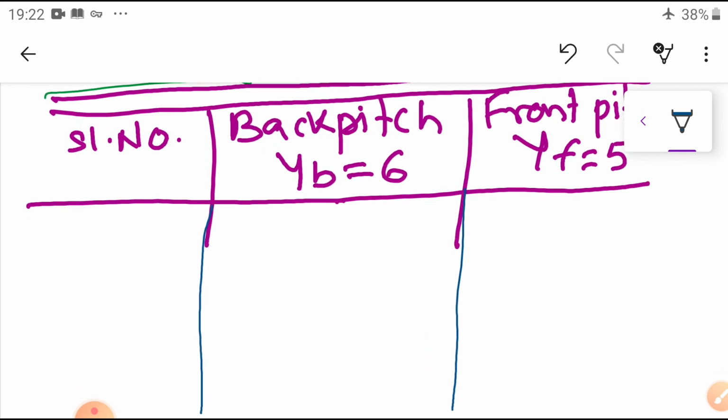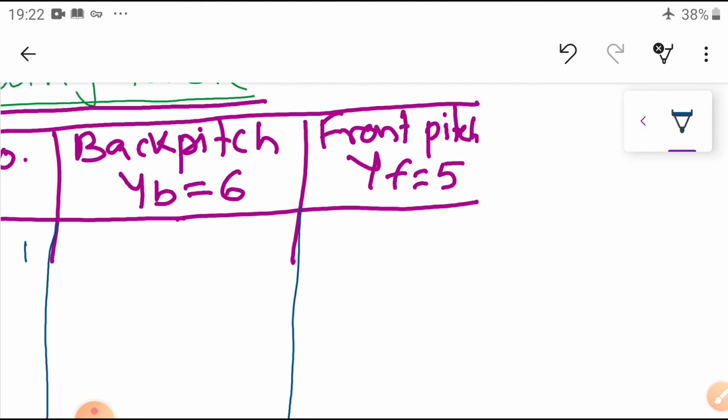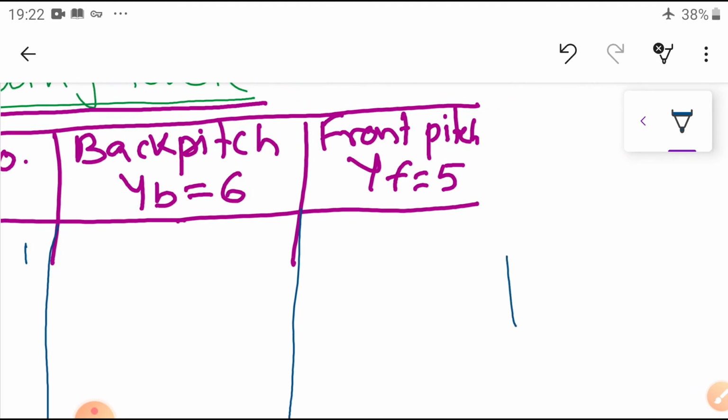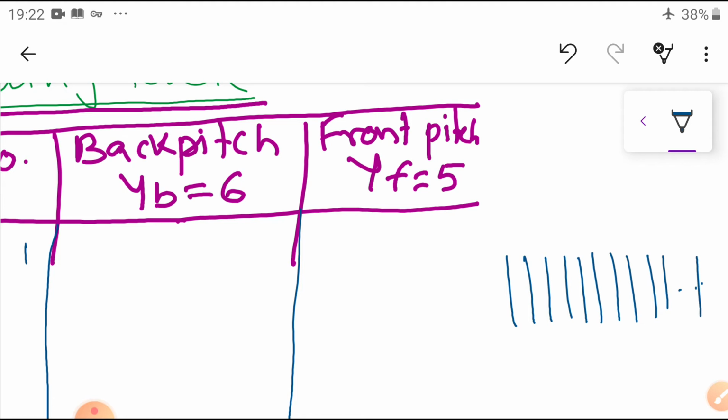Serial number 1. We know these windings are the conductors 1, 2, 3, 4, 5, 6, 7, 8, 9, 10 up to 24 conductors. Starting from the first slot, first conductor, we get 1, then we go by YB. What is YB? 6. Then we connect to the 7th.